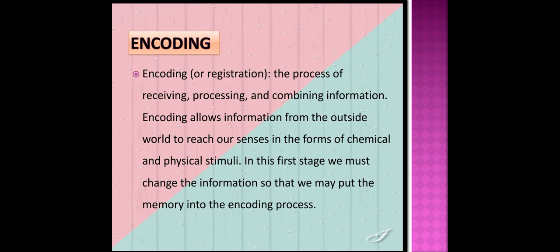Encoding or registration, the process of receiving, processing, and combining information. Encoding allows information from the outside world to reach our senses in the forms of chemical and physical stimuli. In the first stage, we must change the information so that we may put the memory into the encoding process.